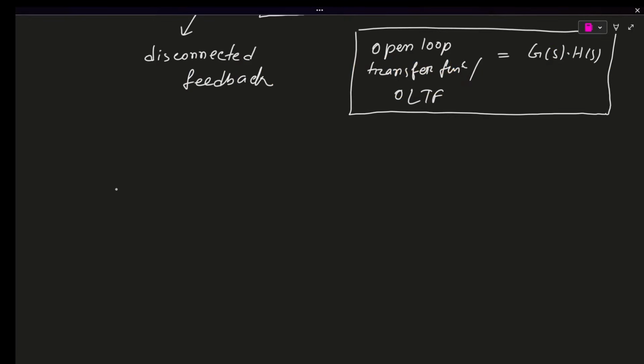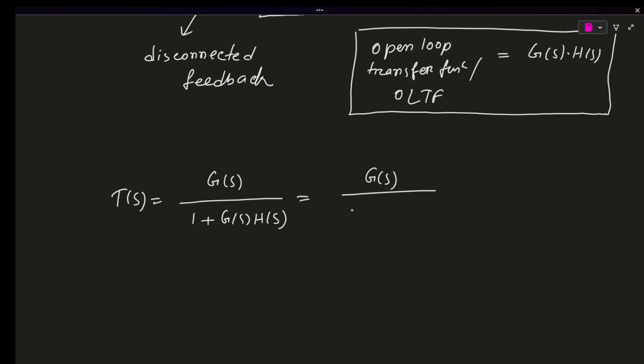So we know our closed loop transfer function formula: T(s) equals G(s) by 1 plus G(s)H(s). In the numerator it will be G(s), and in the denominator it will be 1 plus G(s)H(s). We can write that as OLTF.